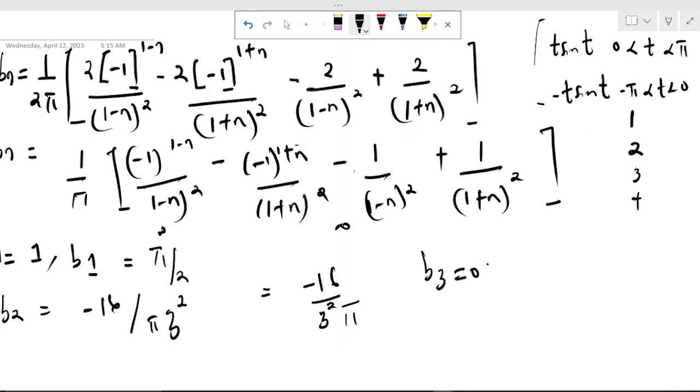Let's get our B4. Put in your 4 as n. You get your B4 as minus 32 over 15 square pi. Now that we have values for B1, B2, B3, and B4, let's write the Fourier expression.